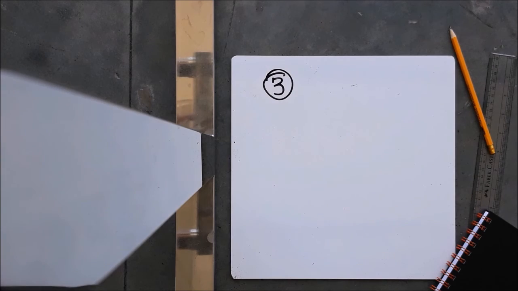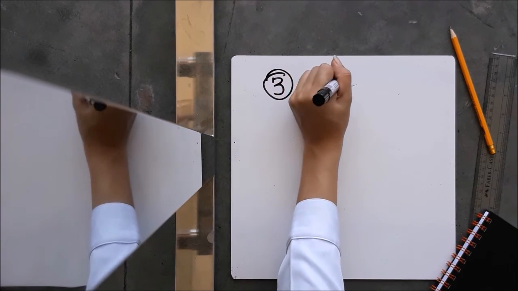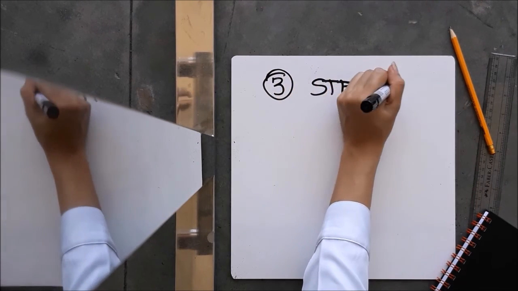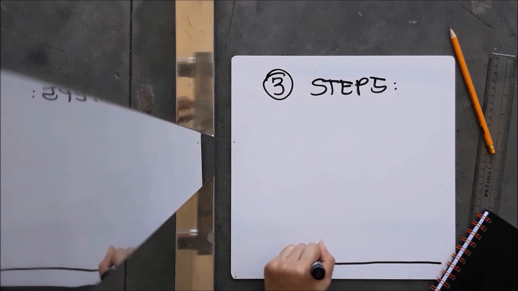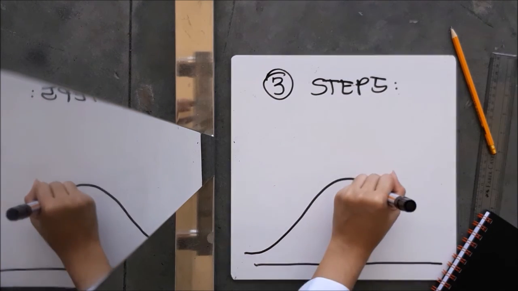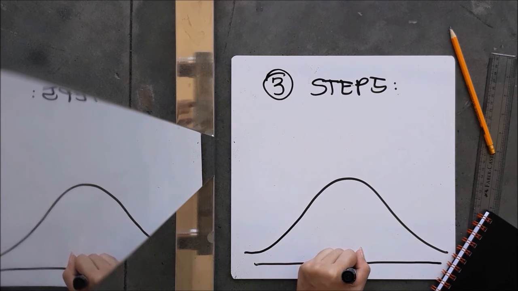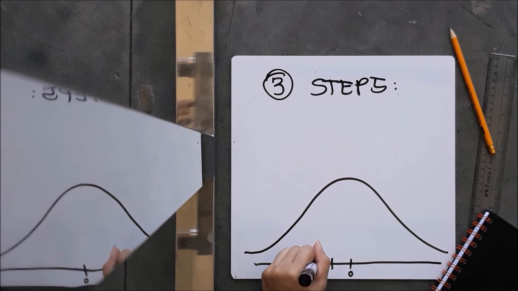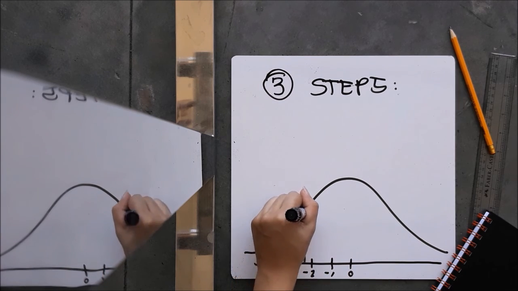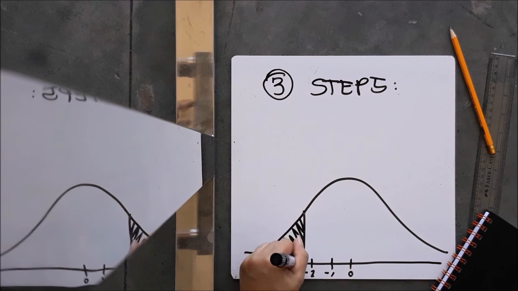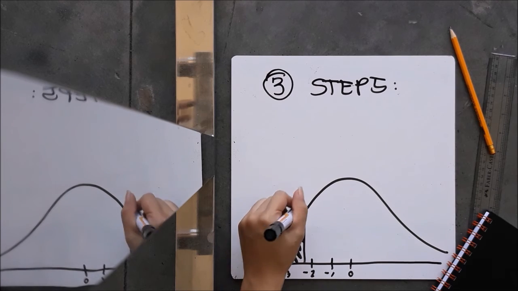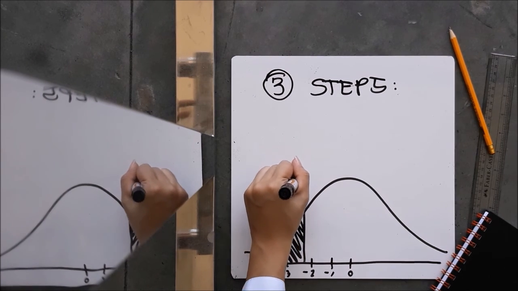Step 5. Graph. Draw a normal curve and plot the z-score negative 2.326.